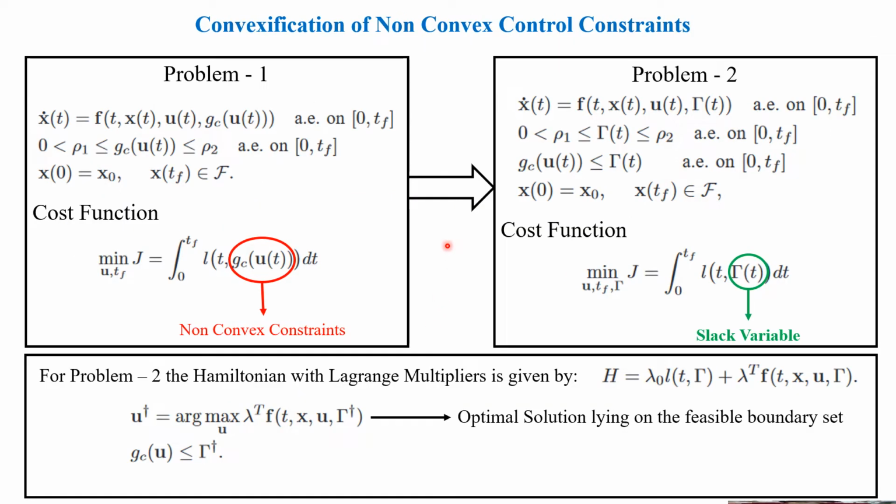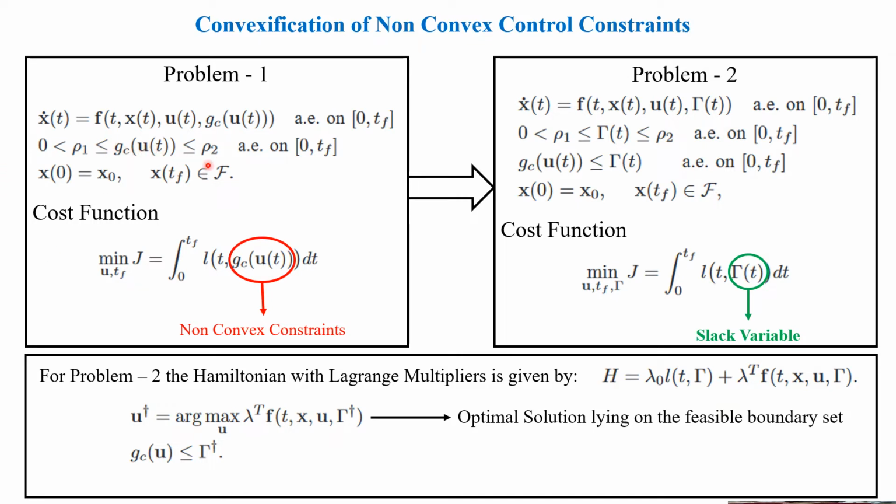So in the problem here, firstly we'll introduce what exactly the problems are, and then a few concepts involved in linear algebra. Here we are addressing it as problem 1 and problem 2. Problem 1 involves generic state dynamics, which I have shown here with control input and some constraints on the control input as well.